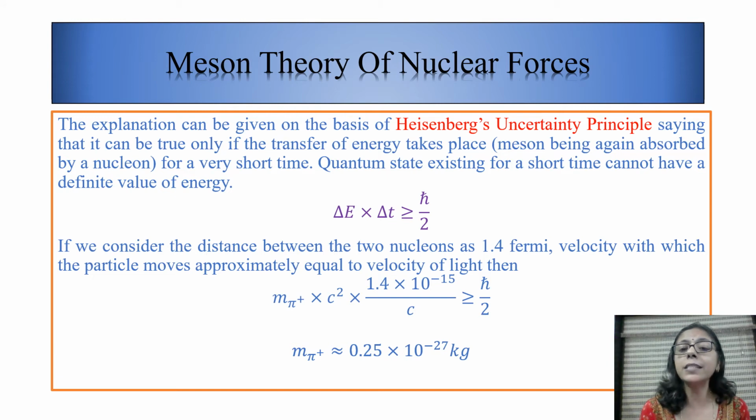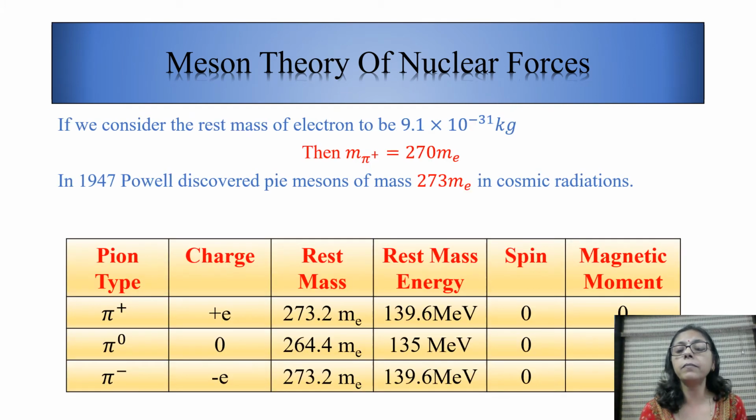The distance that you have taken is 1.4 into 10 to the power minus 15 meters, divided by c, the velocity of light, which is 3 into 10 raised to the power 8 meter per second, which should be greater than or equal to h cross upon 2. And when you solve this equation, you get the value of m pi plus as approximately equal to 0.25 into 10 to the power minus 27 kilograms.